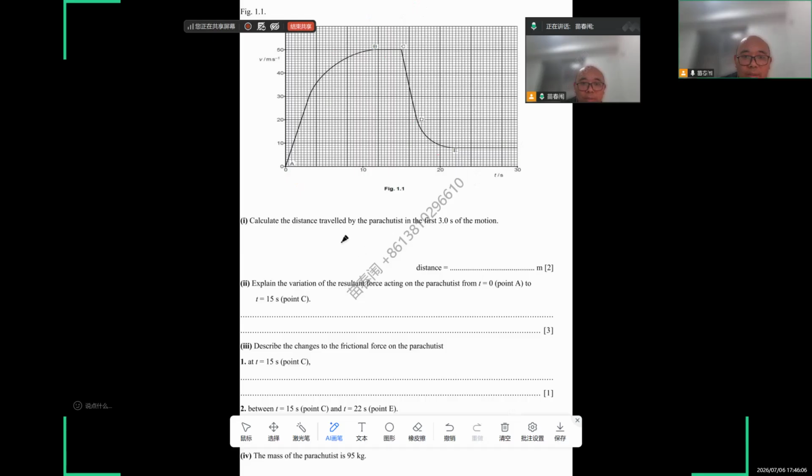Calculate the distance traveled by the parachutist in the first 3 seconds of the motion. And this is 10 and 3 seconds. Well, 10 over 3, I believe it's in here. Oh, I guess I have to find the units. It's kind of tricky. This is 25 units, right? I like to use a ratio table these days.